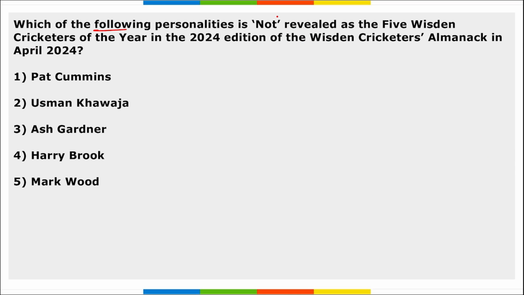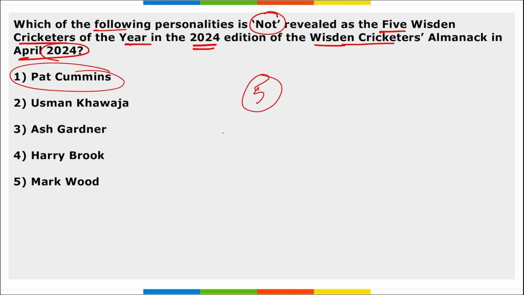Next, which of the following personalities is not revealed as one of the 5 Wisden Cricketers of the Year in the 2024 edition of the Wisden Cricketers' Almanack in April 2024? There are 5 Wisden Cricketers of the Year 2024. The question asked is, among them, who is not the one? So, Pat Cummins is not the one here. Who all are they?